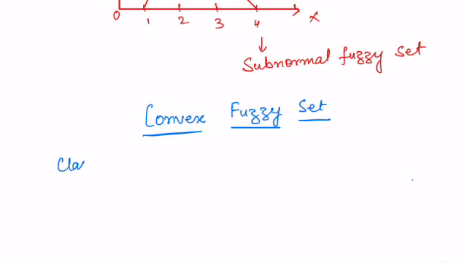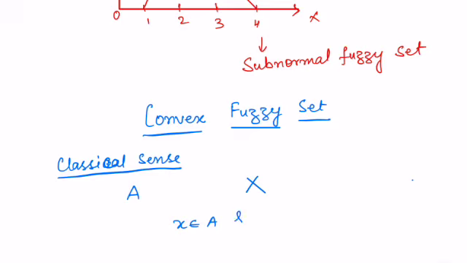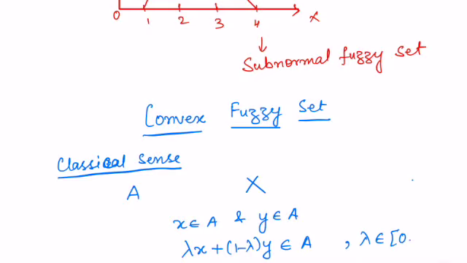So in the classical sense, students, if you remember, what is the formal definition of a convex set? A crisp set A defined on the universal set X is said to be convex if x is in A and y is also in A, its linear combination lambda x plus 1 minus lambda y belongs to A, where lambda belongs to the closed interval 0, 1.